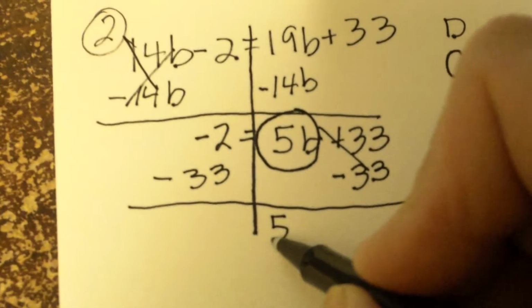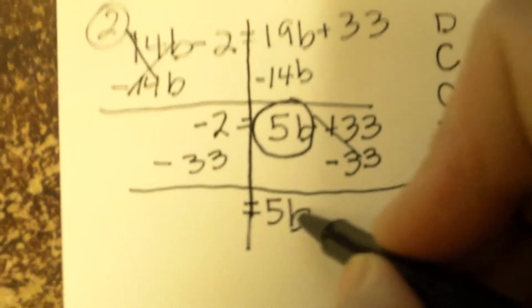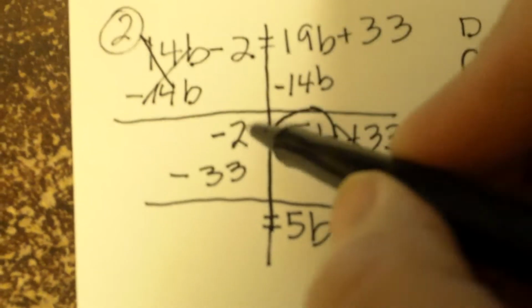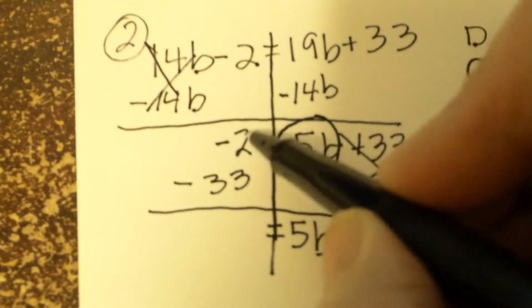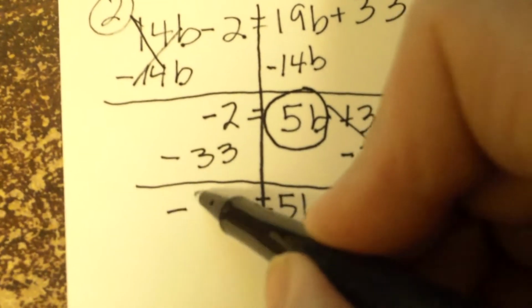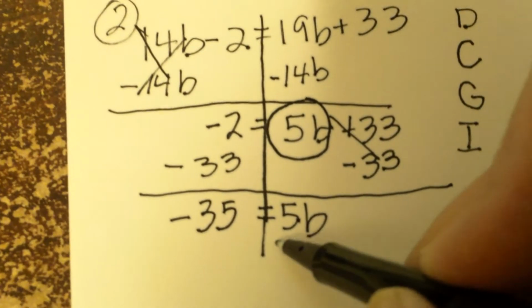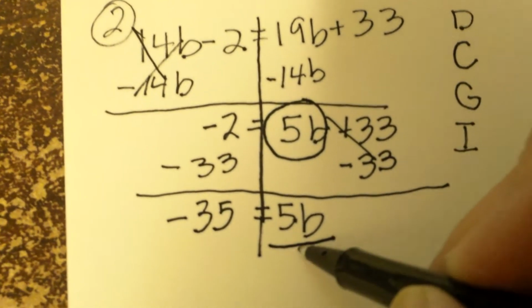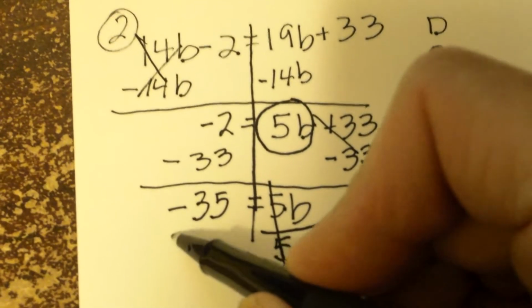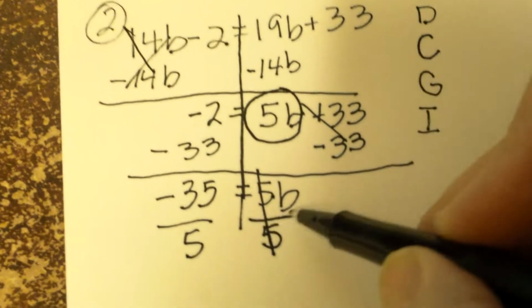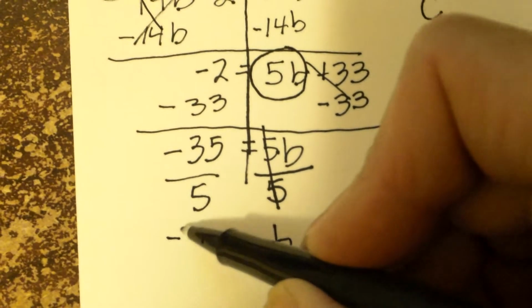I have 5b, and it's totally okay that my variables are on the right side of my equation and not my left. If I have 2 negatives and 33 negatives, nobody's getting married, nobody's partnering up, I got 35 negatives. Inverse of 5 times b is divided by, and I'm going to put a 5 down here so that these cancel out, and I'm going to divide by 5 on the other side to maintain my balance. B equals negative 7.